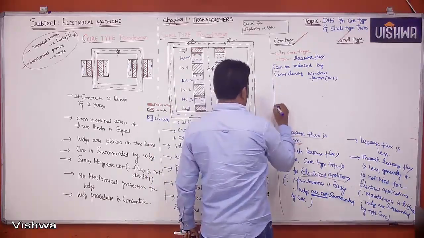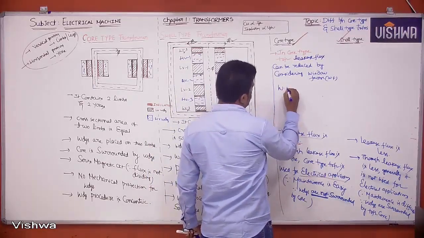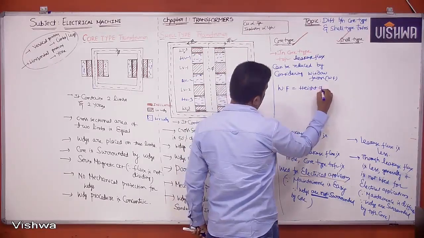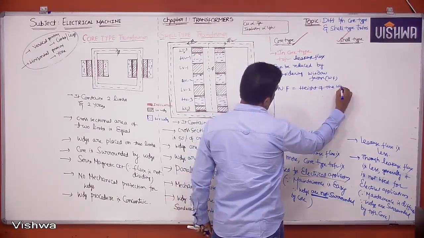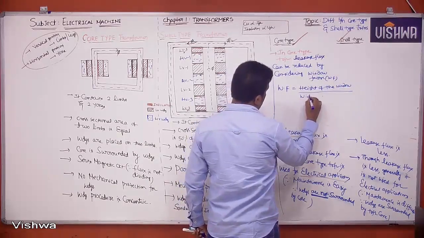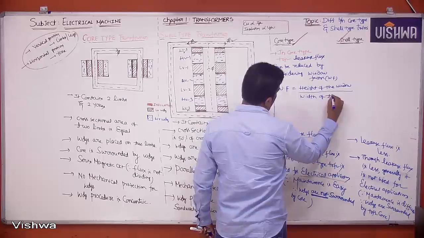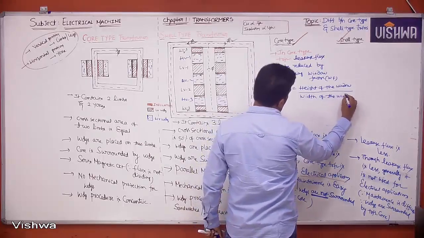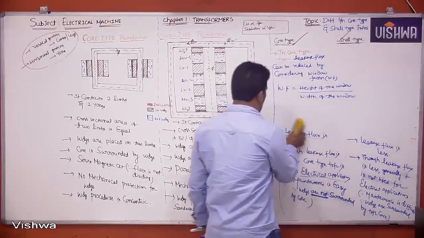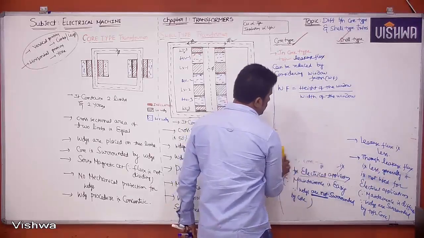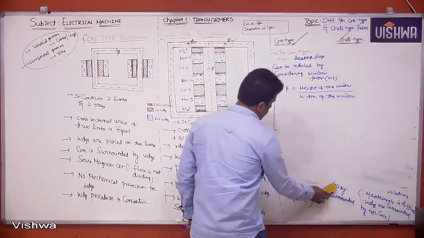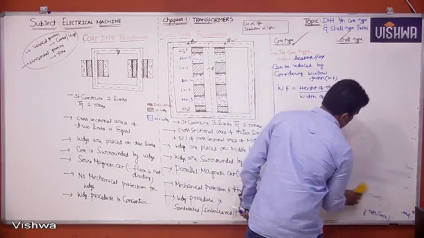What is the window factor? Generally, window factor equals the height of the window divided by the width of the window. So how can leakage flux be reduced in a core type transformer? By considering the window factor. We'll see.